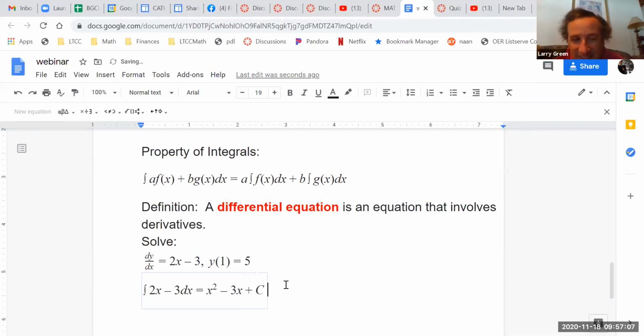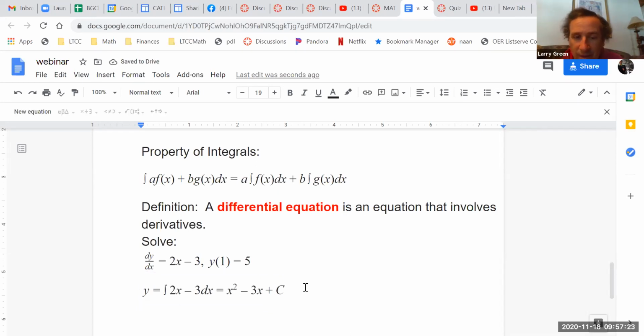And the reason you'd lose 4 points instead of 1 is we're not done yet, because we haven't used the y of 1 equals 5. The y of 1 equals 5 is going to get us our c. That's why it's a 4-point C, because finding the c is almost half of the process.